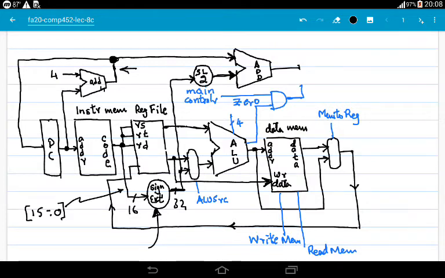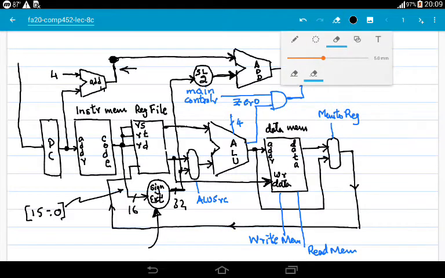We also have to disconnect this line, and you will see in a minute why I have done that. Like this. Now here we need another multiplexer.